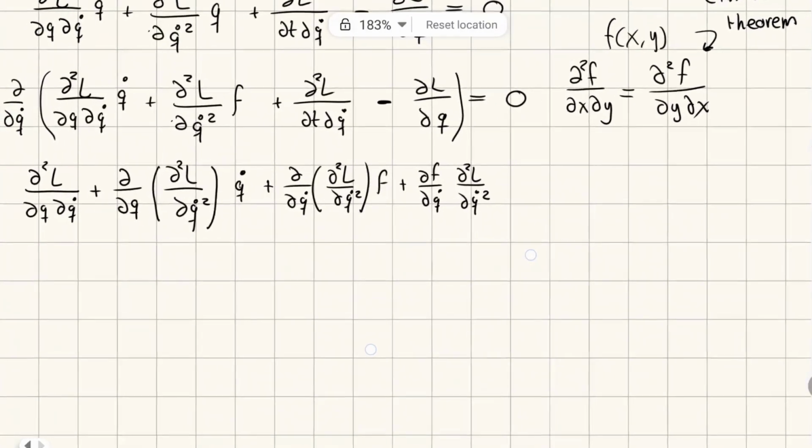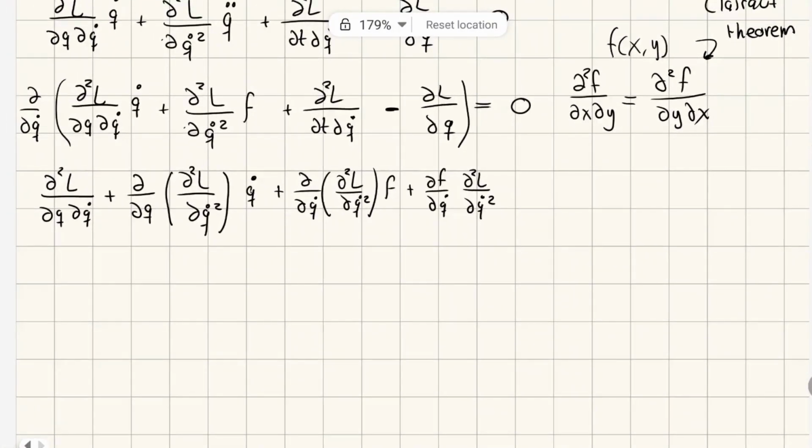Okay, and then we are going to take the derivative with respect to q dot of this term over here. So that will be plus the partial with respect to time of the second partial of L with respect to q dot squared. Again, switching the order of the derivatives.